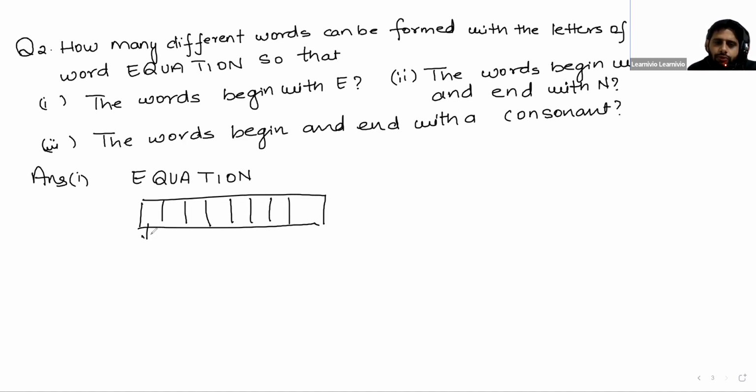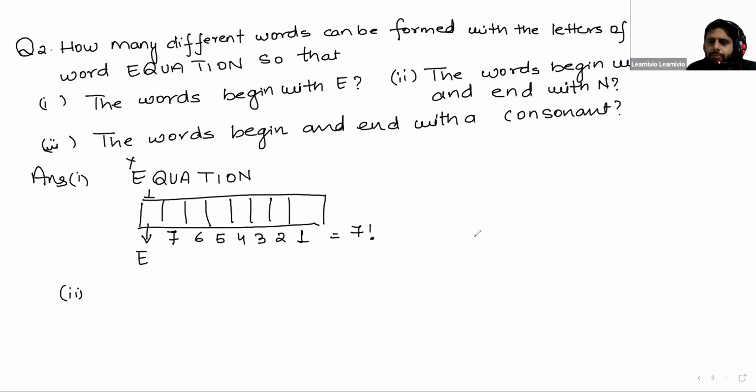Now this should always start with E, so this block has only a single option. Now for the remaining blocks, we have used this, so we have 7 alphabets. The next block has 7 options, the next has 6, next 5, next 4, next 3, next 2, and 1. So this is equal to 7 factorial, and you can calculate the value of 7 factorial. Okay, this is the first one.